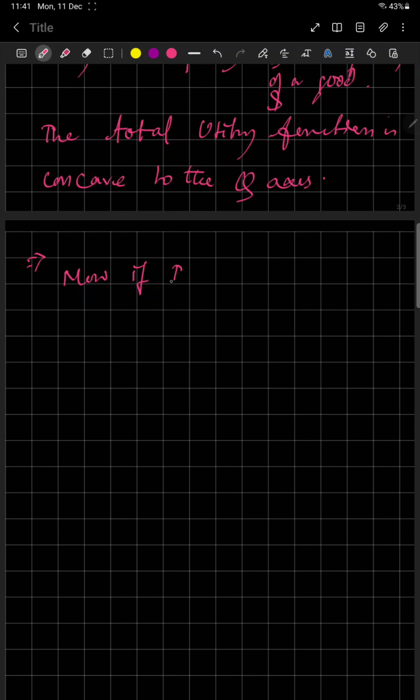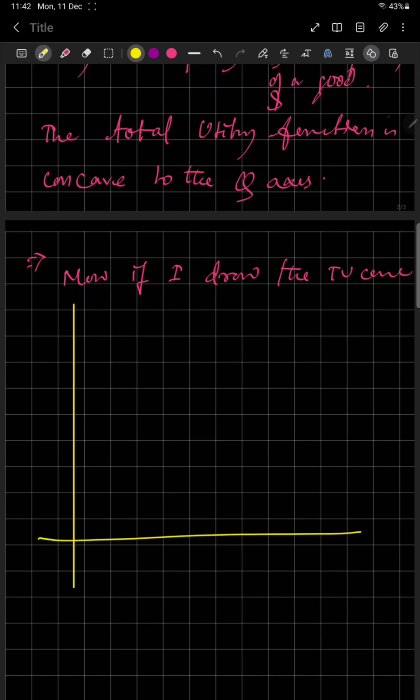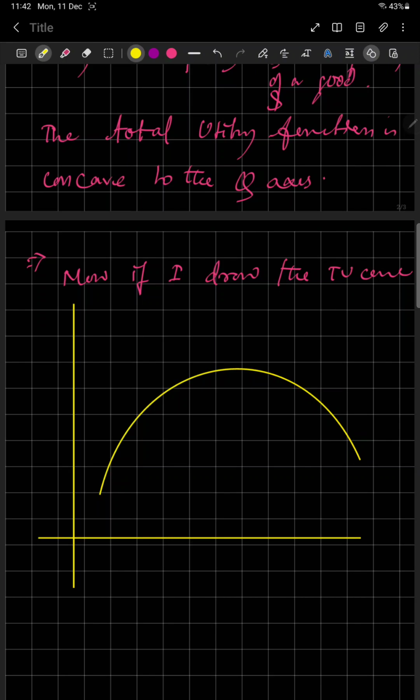Now if I draw the total utility curve, it will look like this, where we measure quantity on the horizontal axis and on the vertical axis we are measuring total utility and marginal utility.